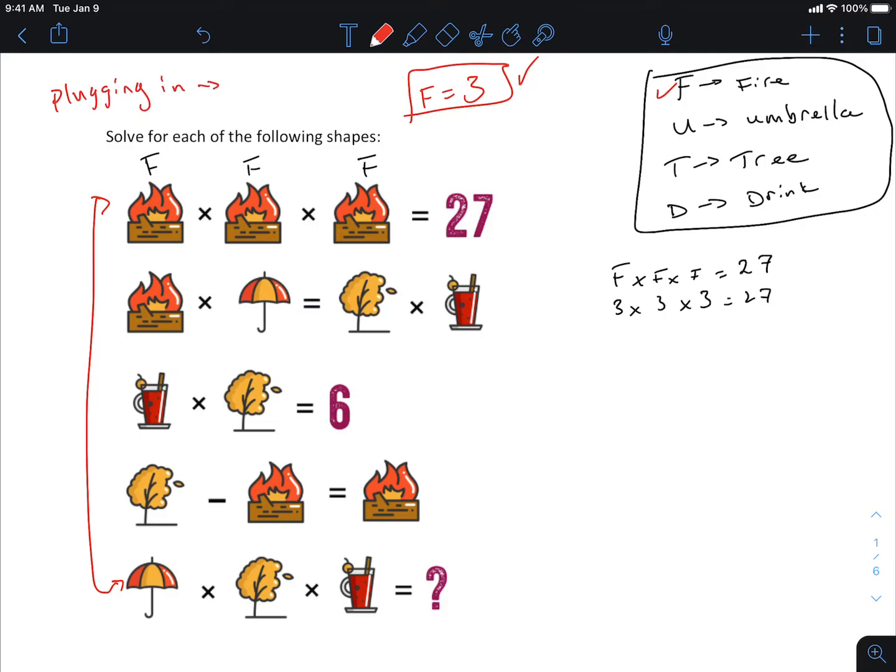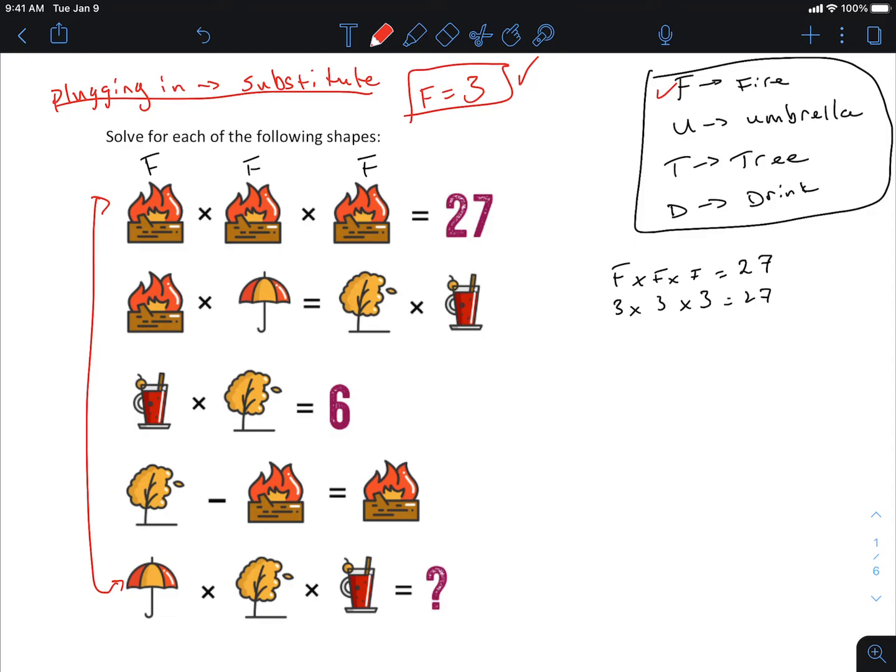We're going to use the terminology substitute. That's just what we're going to start using, that terminology, substitution. Okay, so anywhere I see an F now, I can use the number 3.